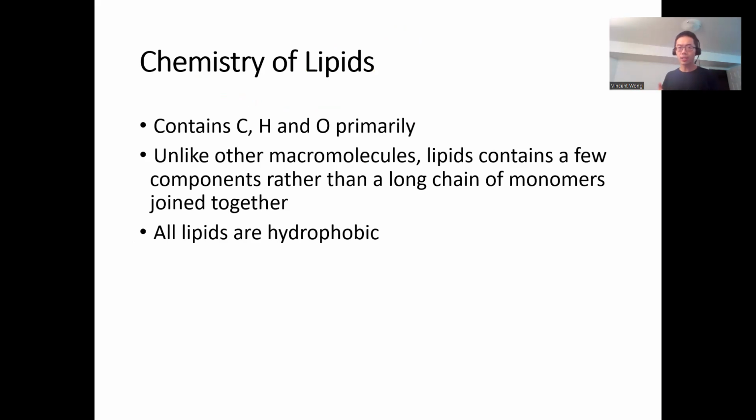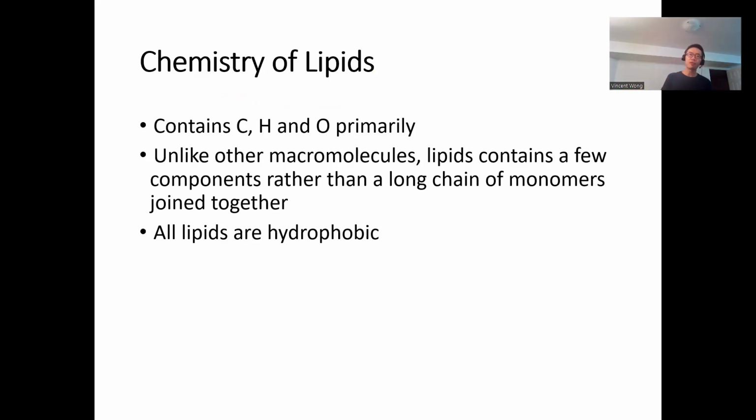Lipids. Just like carbohydrates, lipids are composed of carbon, hydrogen, and oxygen primarily. There are some cases where you would have a little bit of a modification, but mostly it's carbon, hydrogen, and oxygen.